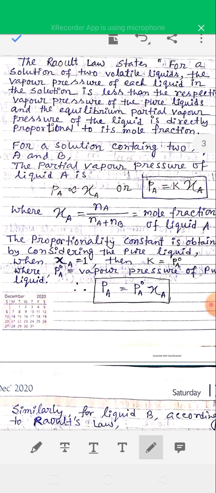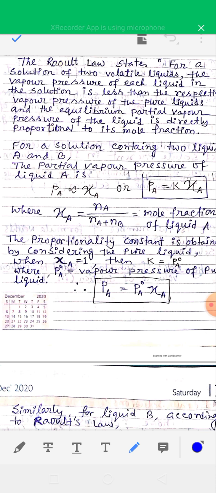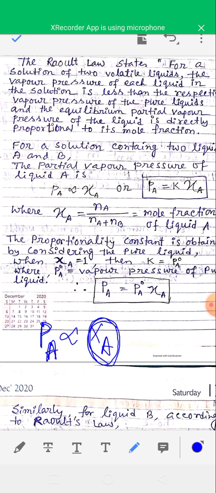That is, in equilibrium condition, the vapor pressure of each liquid is directly proportional to its mole fraction in the solution. Suppose the equilibrium vapor pressure of liquid A is Pa and its mole fraction is Xa, then according to Raoult's law, Pa is proportional to Xa.